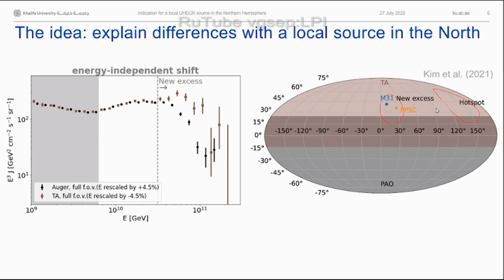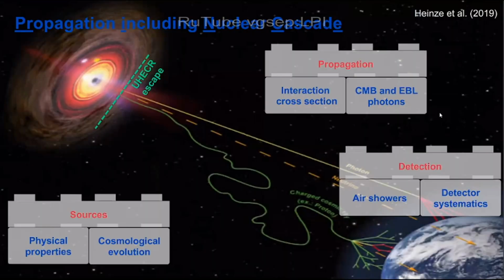We're not going to look at arrival direction data in this study, just spectrum and composition, but it's of course nice to speculate in this direction. And the hotspot observed by Telescope Array, that part of the sky is actually about one energy bin at higher energies. But of course that is also still okay, at least for these kinds of studies.